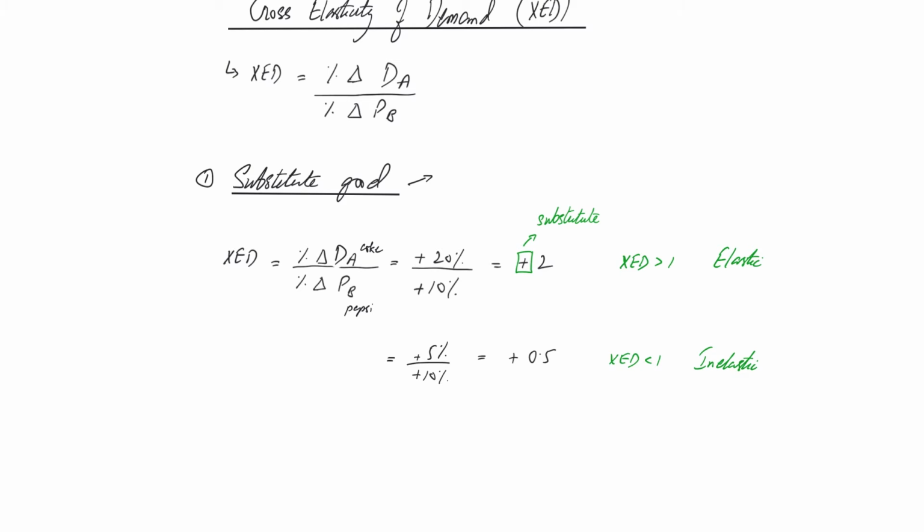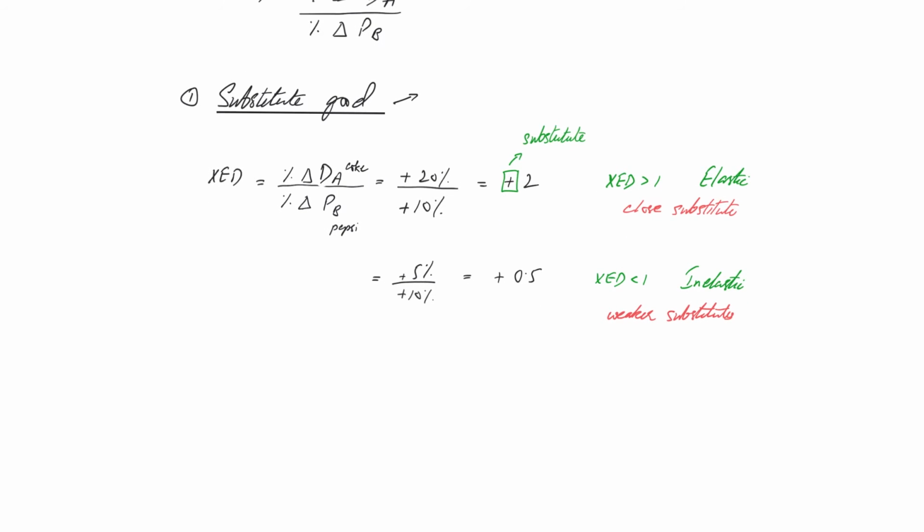Now, logic says a 10% change in price caused a 20% change in demand. This means that these two goods are definitely close substitutes. That's why there was such a big change. But in the second case, a 10% change in price only led to a 5% increase in demand. So that means they are weaker substitutes. Not much change happens. Similarly, the shifts are not going to be that big as well.